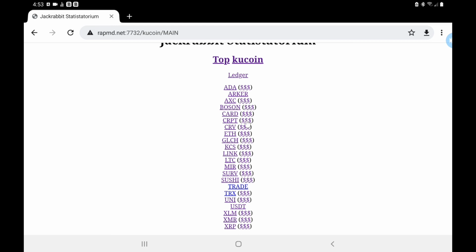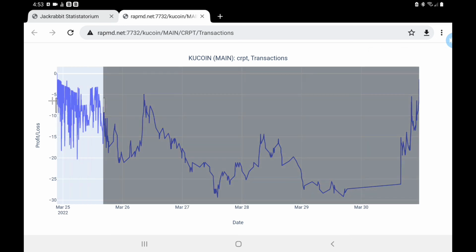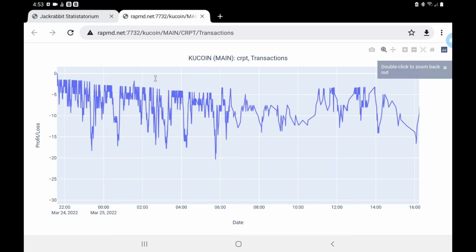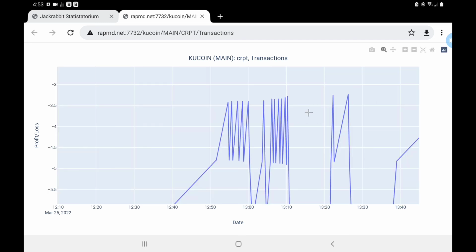Not every coin can handle the high frequency trading. Some coins can, some coins clearly can't. As you can see, the downward cascade, where this coin clearly couldn't, but then when it got here, it improved.